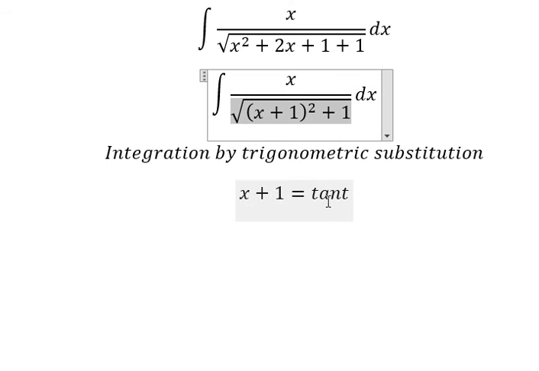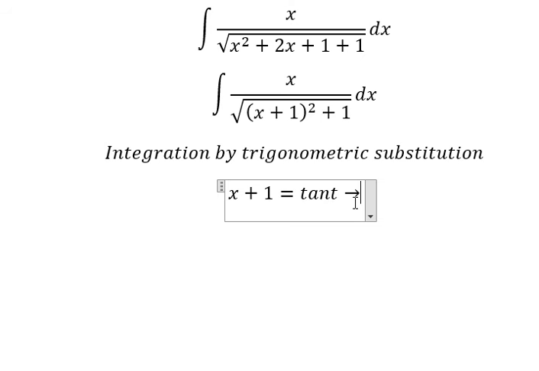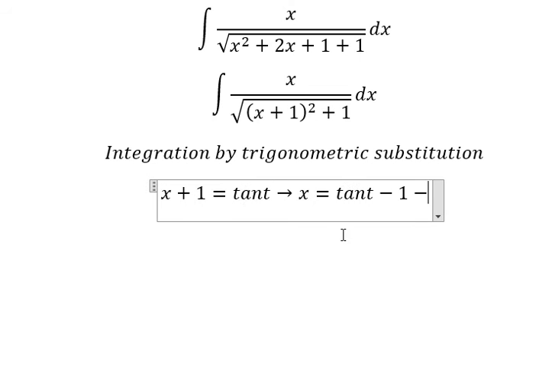So in this situation we have s, so I will put 1 to the right. Later we need to first take the derivative of both sides.